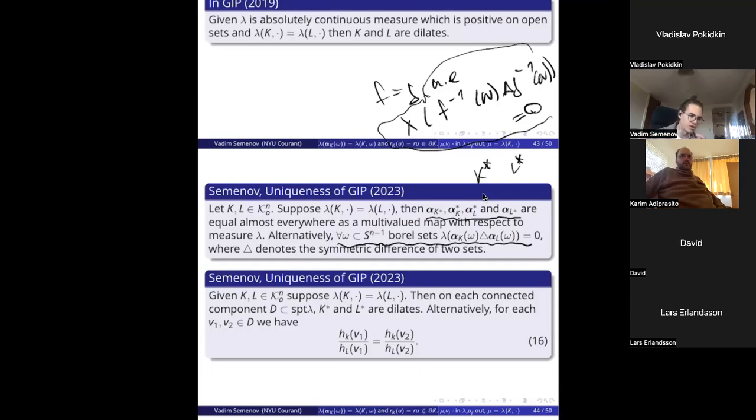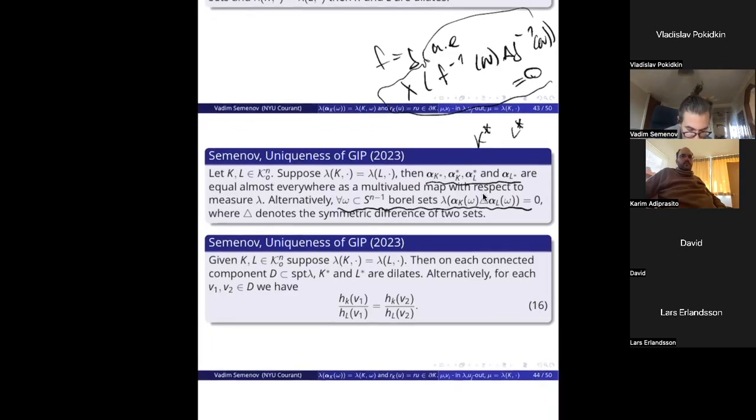You can change a body however you want in the direction which does not have any effect on the value, but in all other parts they should be dilated. But these parts can be dilated in different ways because the measures are not connected, so nobody prevents you from this.